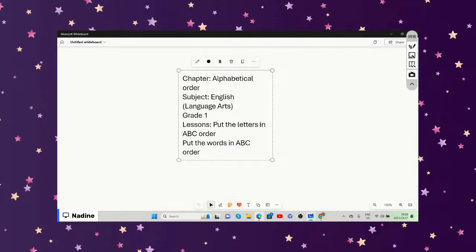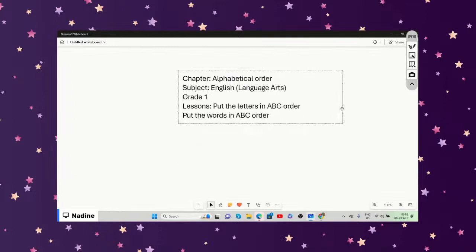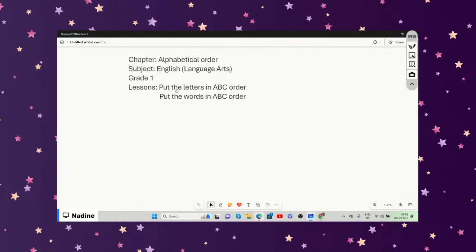So basically, when we put words as well as letters in alphabetical order, it means that it is in the order of how it is in the alphabet. In the alphabet, we start with the letter A, right? That is how it is pronounced.